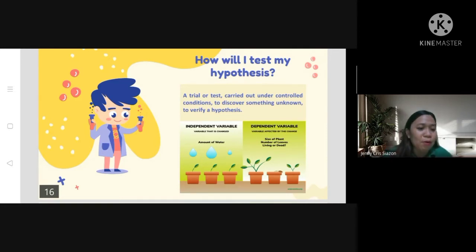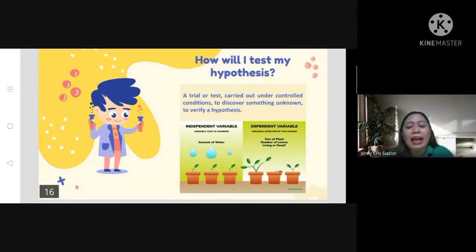So anong ginawa mo? For the plant A, there should be a less amount of water. For the plant B, there should be high amount of water. And for the plant C, there should be the least amount of water. So, iba-iba. Ibig sabihin may pagbabago sa bawat setup. And that is the role of independent variable.